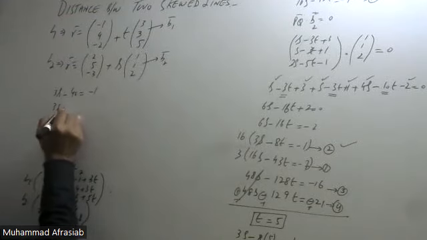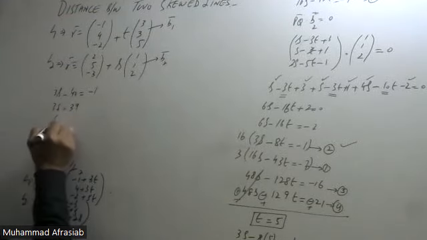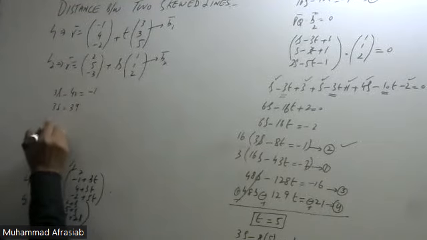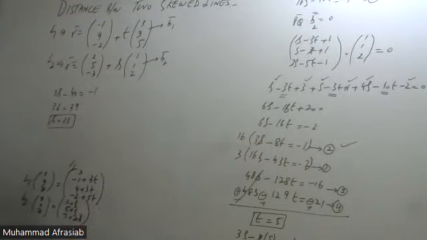Then 3s is equal to 39, so s is equal to 13. So these are the values of s and t we got from these two equations.